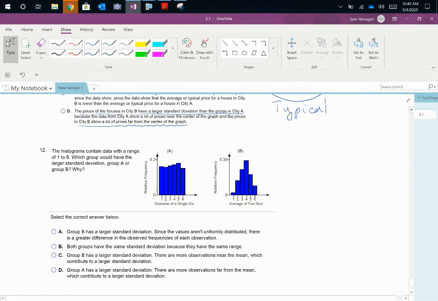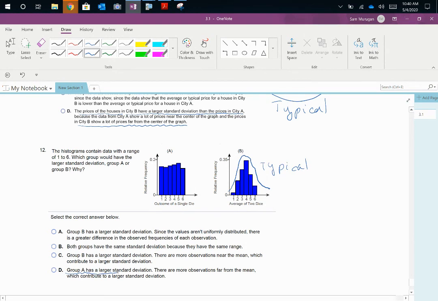Question 12. The histogram contains data with a range of 1 to 6. Which group would have a larger standard deviation? Again, this data here is roughly symmetric. The first graph is not, so group A clearly would. This is roughly symmetric, so this is typical.